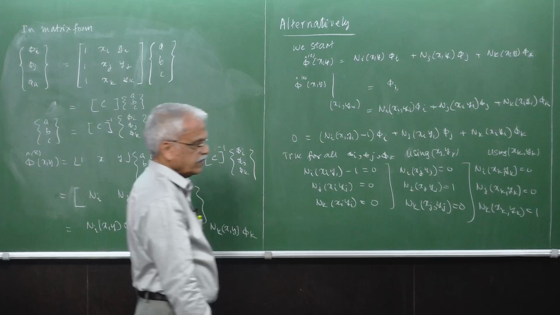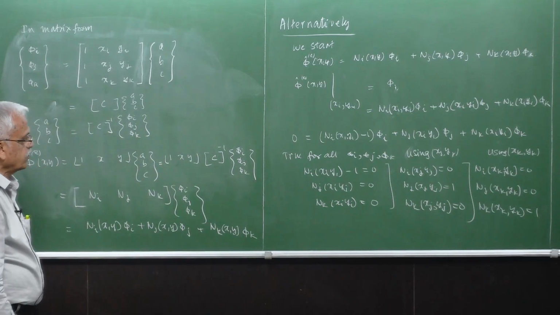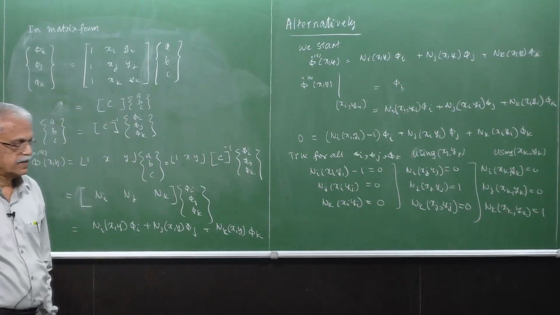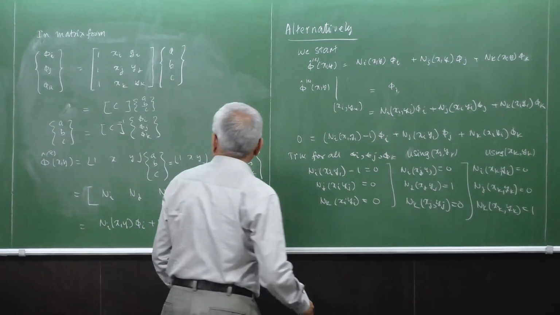Okay, so these are the values of ni, nj, nk at the three vertices.